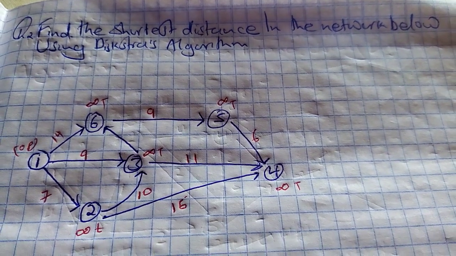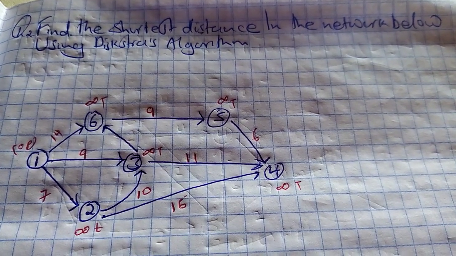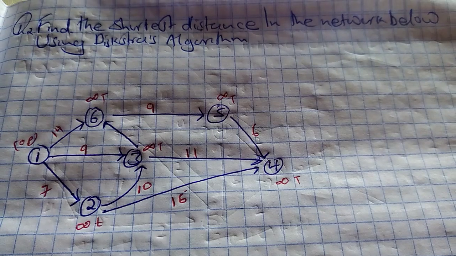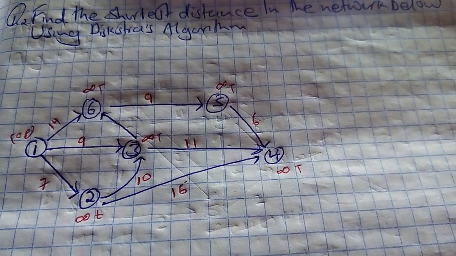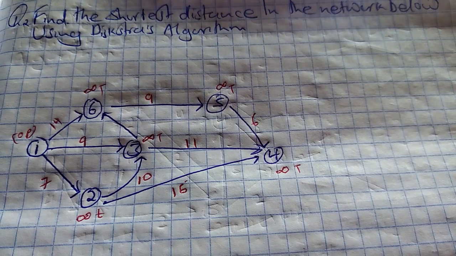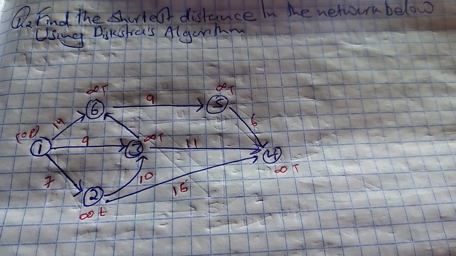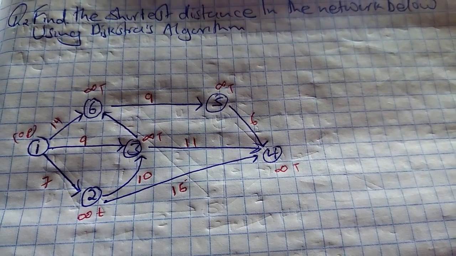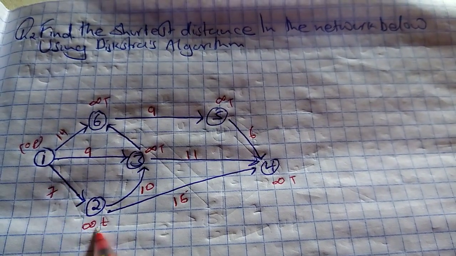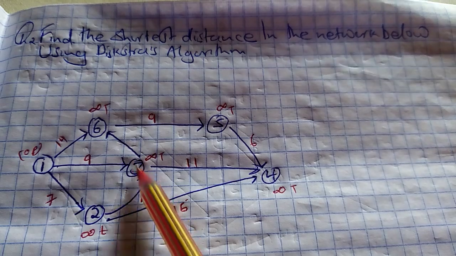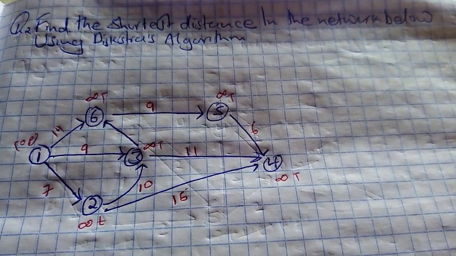After identifying all of them as I have done above, we identify the points where we can reach from the source directly. Here from point 1 we can reach point 2, point 3, and point 6 directly.